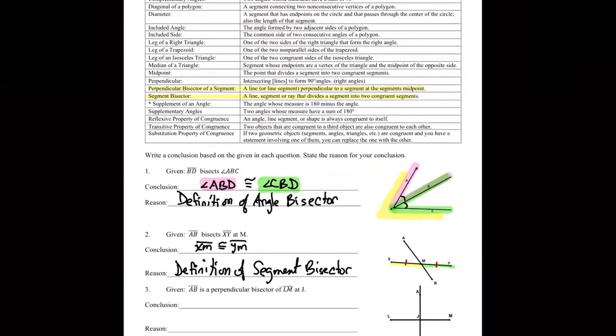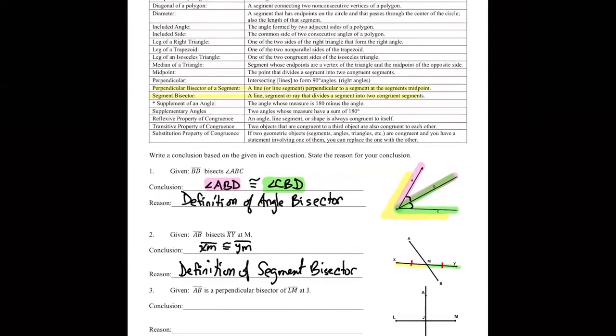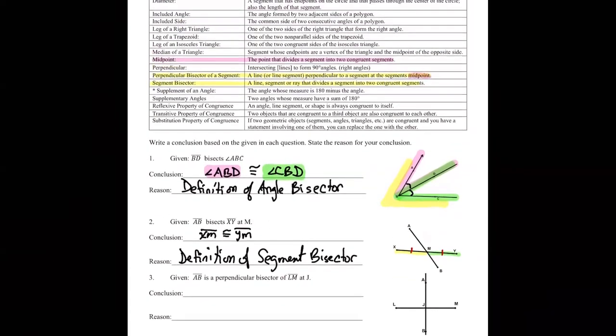But that's referring to another thing. They got into the midpoint here, which is a point that divides a segment into congruent segments, right? So what we get from this is that we're going to get right angles and congruency here.